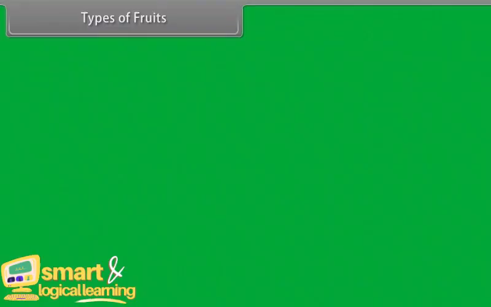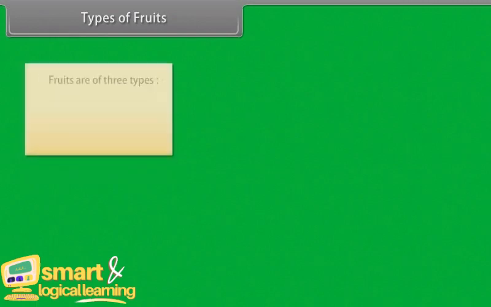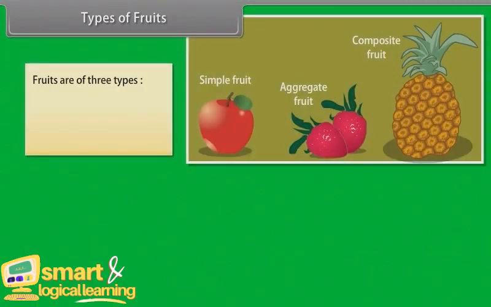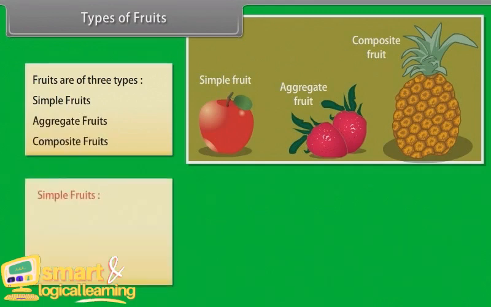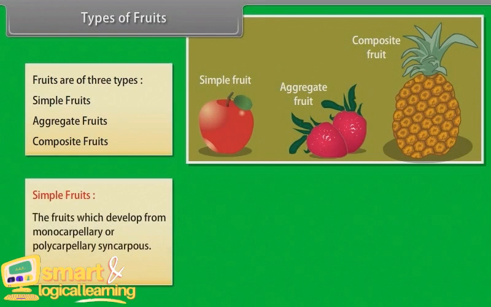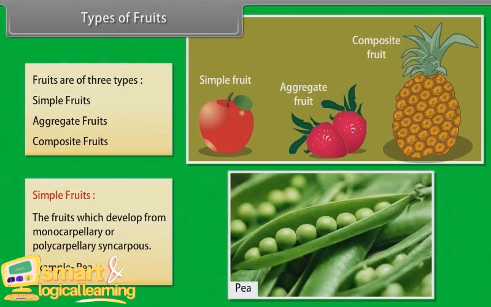Types of fruits. Fruits are of three types: simple fruits, aggregate fruits, composite fruits. Simple fruits: the fruits which develop from monocarpellary or polycarpellary syncarpous ovaries. Example, pea.